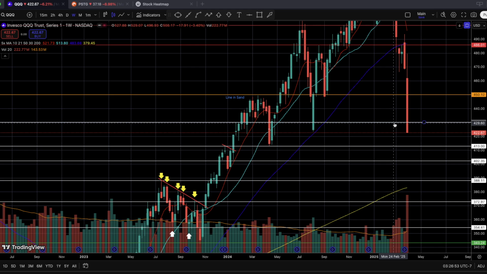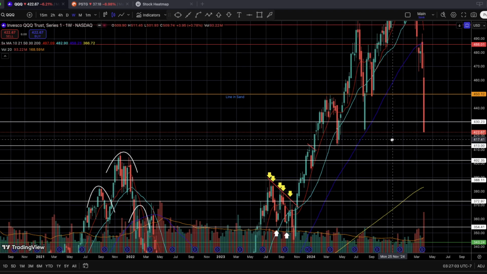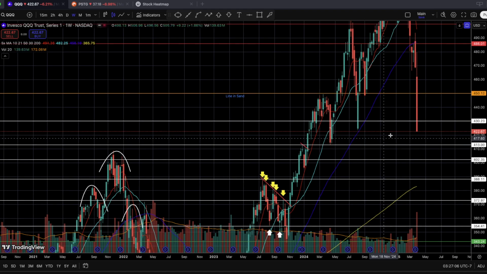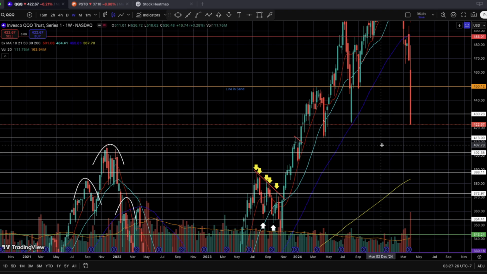This 413 to 430 range is pretty large. It's a lot wider compared to the range we just looked at for SPY, but when we come back down to around 413, which we most likely will in the next couple of weeks, as long as we see that relief rally, as I've explained for SPY as well, we can consolidate around 413. Also, just like with SPY, we can revisit the previous all-time high levels from early 2021, late 2021 and early 2022, which is right around the 402.35-ish level.